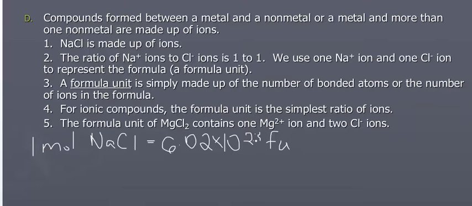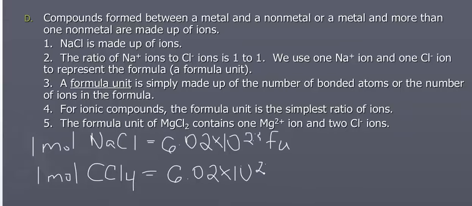When we say 1 mole of CCl4, we say 6.02 times 10 to the 23rd molecules are present. So it's just kind of a distinction of terms. Formula unit is used when you have a metal. If you just have nonmetals, we're going to say molecules.